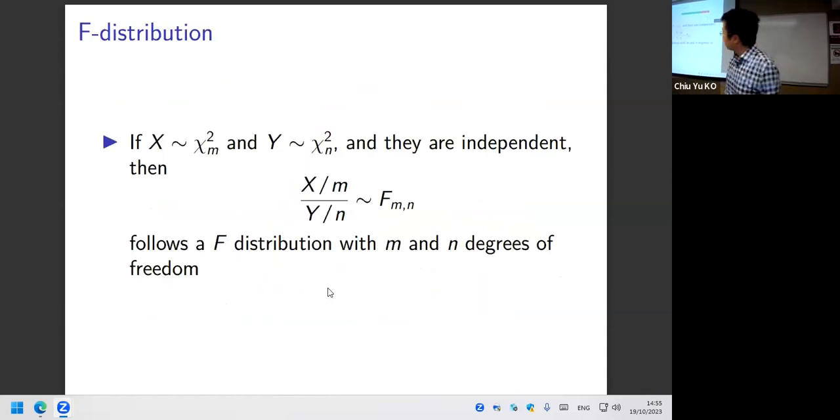Okay. Lastly, don't worry about this. It also looks crazy. F is a chi-square of m over chi-square of n. Okay, and you will say, okay, what am I doing here? Chi-square is equal to variance. So basically, this is asking you to compare two variances.